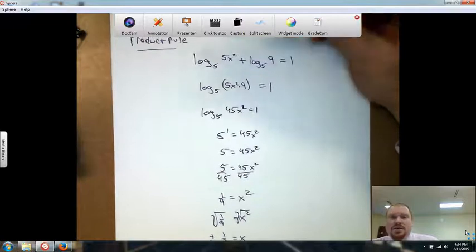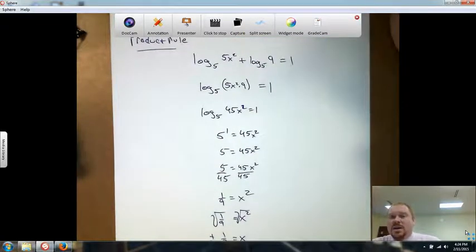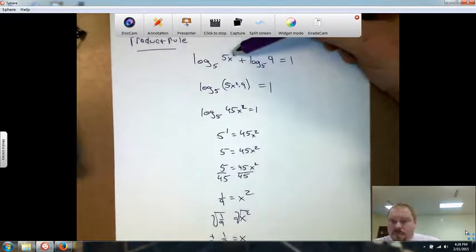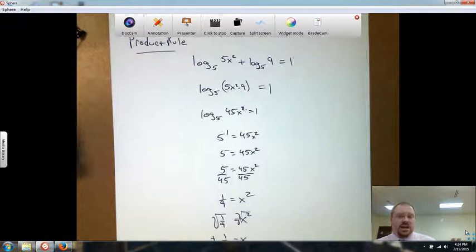Remember, you cannot take the log of 0, and you cannot take the log of a negative number. So you have to double check that. Now, negative 1/3 squared becomes positive, and that's all I care about. 5 times 1/9 is a fraction, but I don't care.